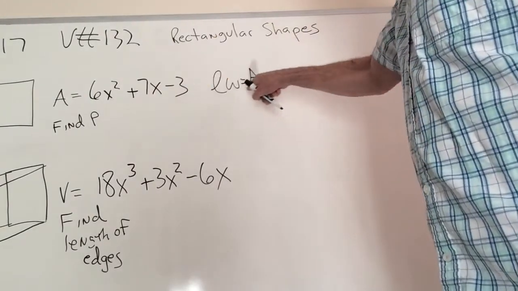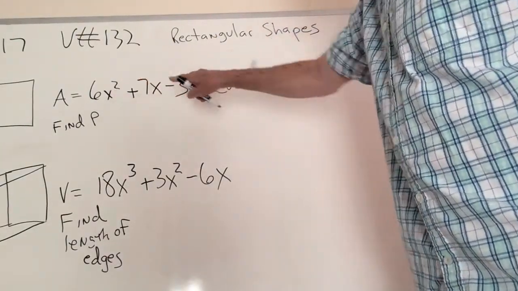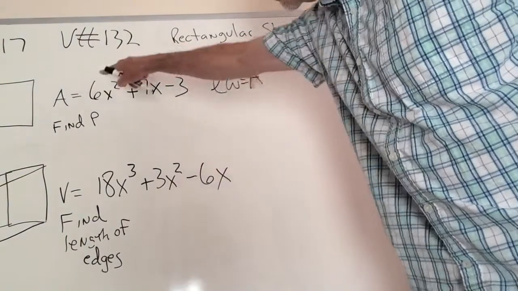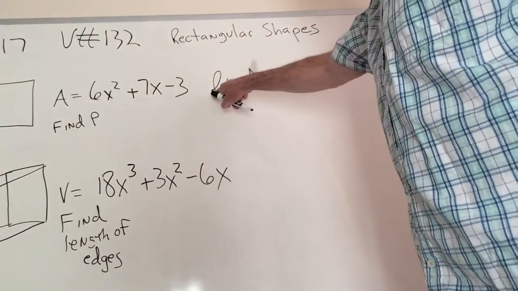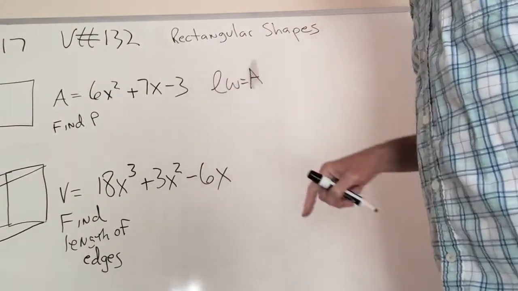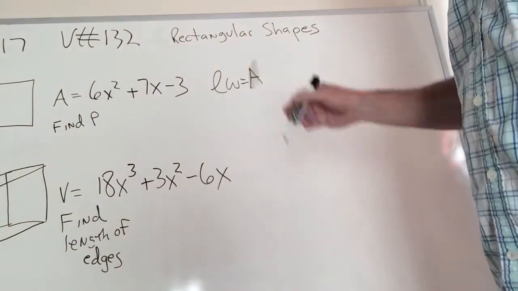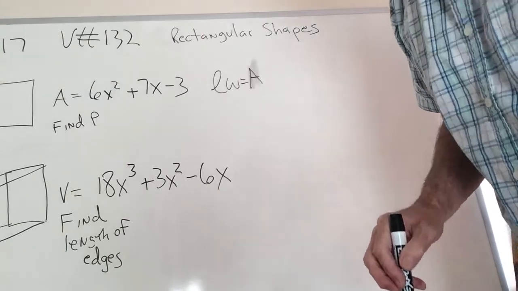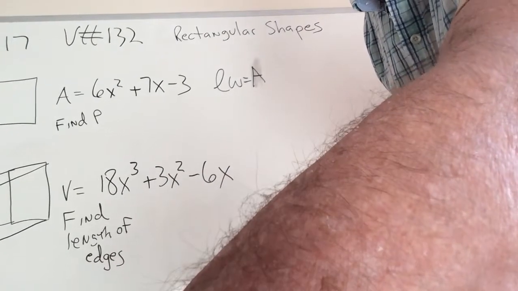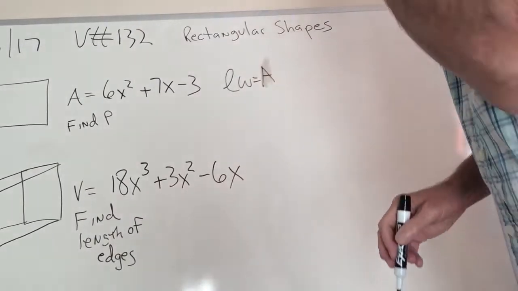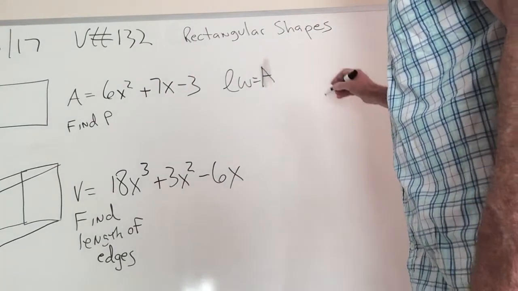Okay, so length times width equals area. If I can factor this, if it's factorable, then the length times the width would just FOIL out to be the area. Then I could mark it arbitrarily either side, add them up, and find the perimeter. In high school, they always ask you to do that, all the time.